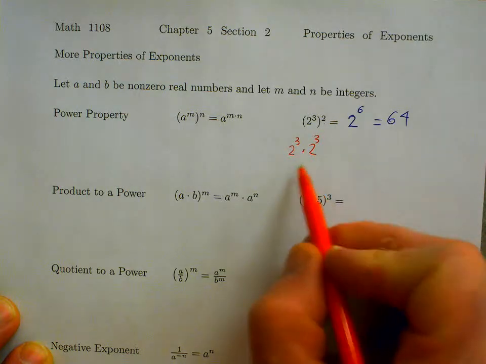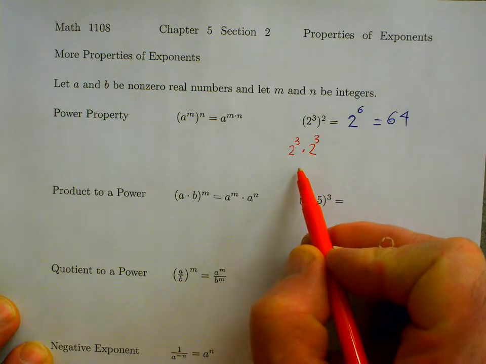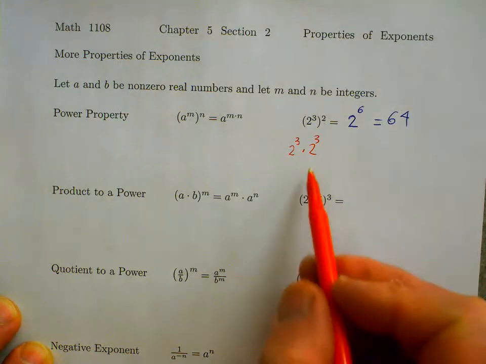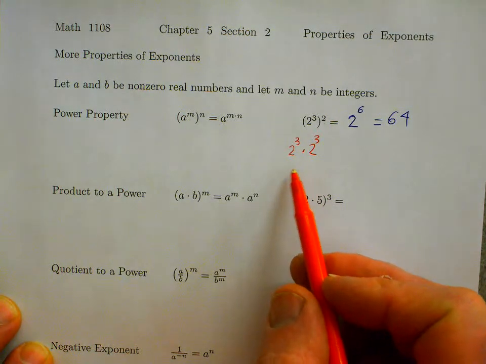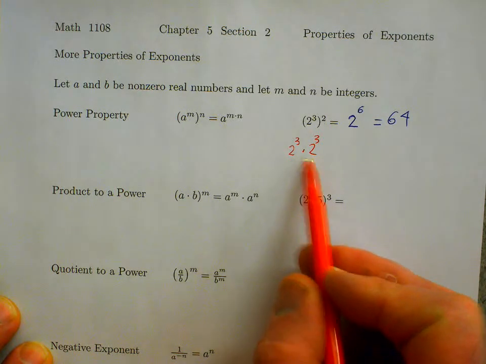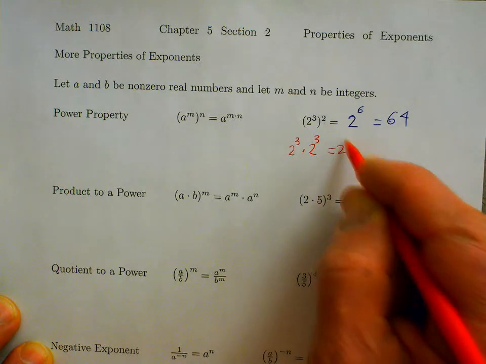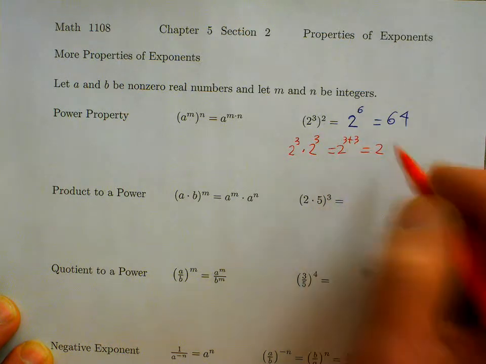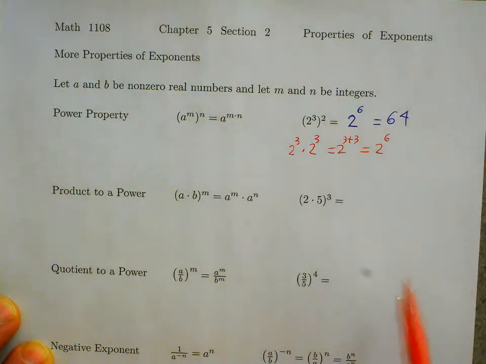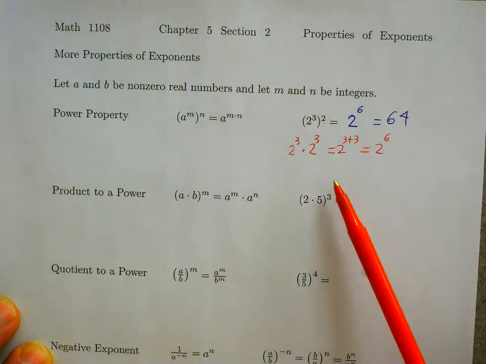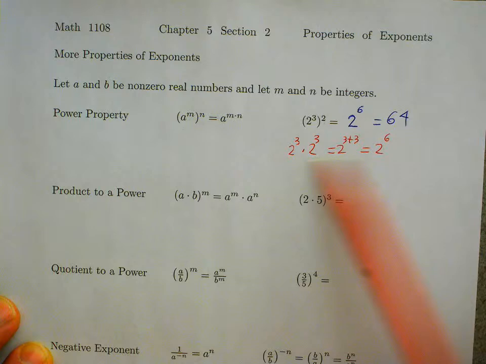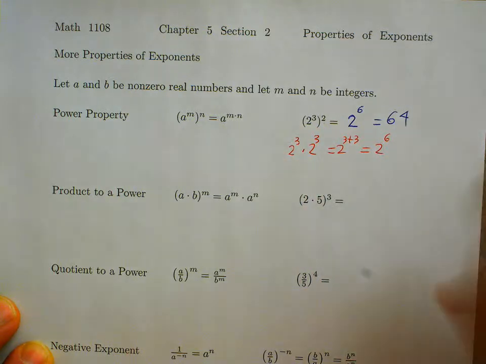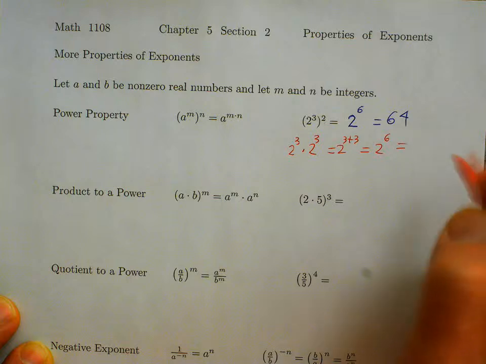And then we can use the product rule property. 2 to the third times 2 to the third is 2 to the 3 plus 3. And 3 plus 3 is 6, so we get 2 to the 6th. Okay, so there's often multiple ways that you can go about finding the result.